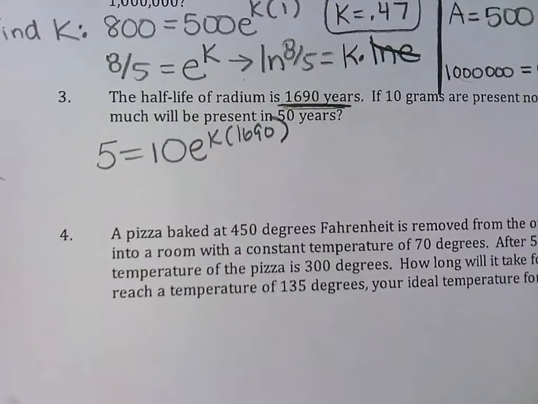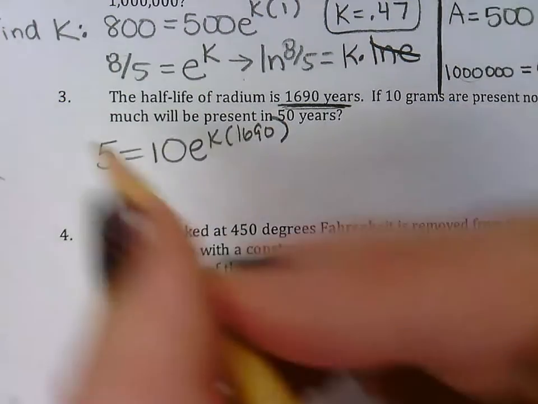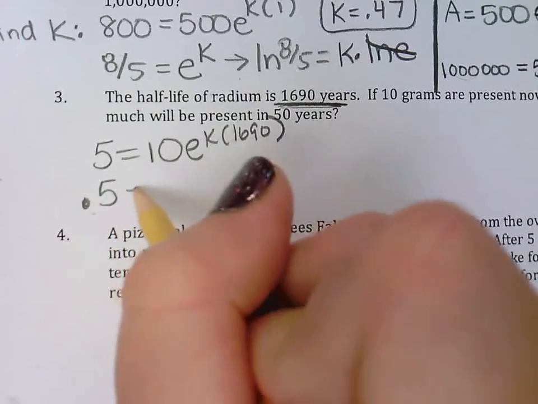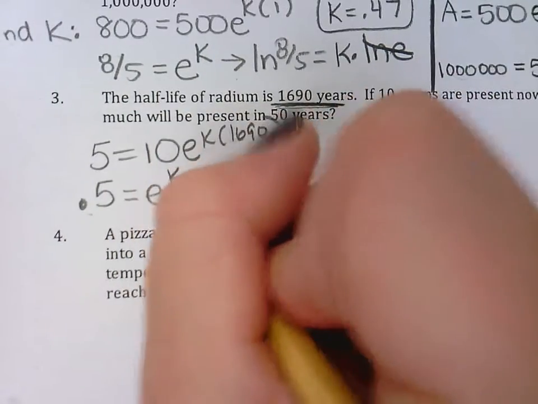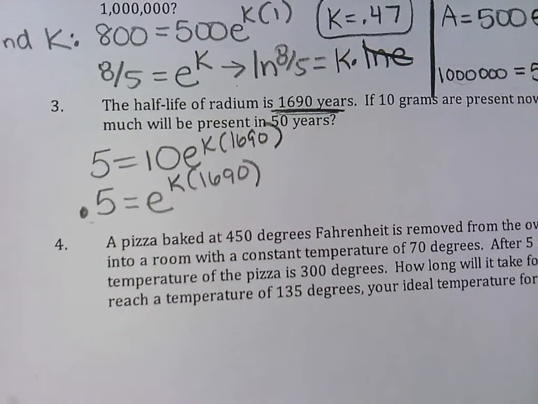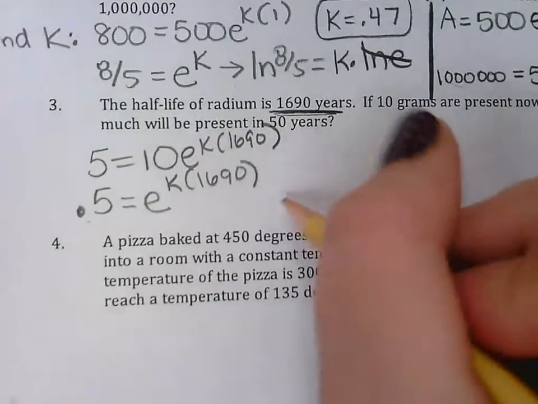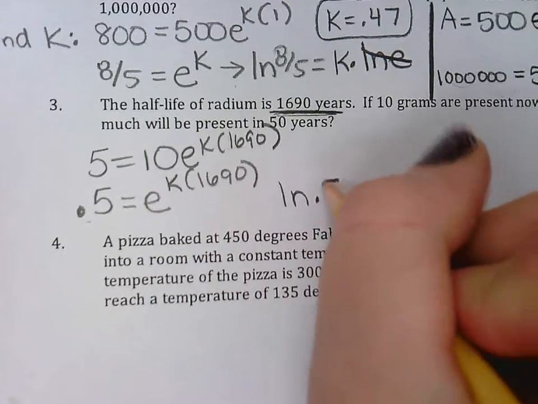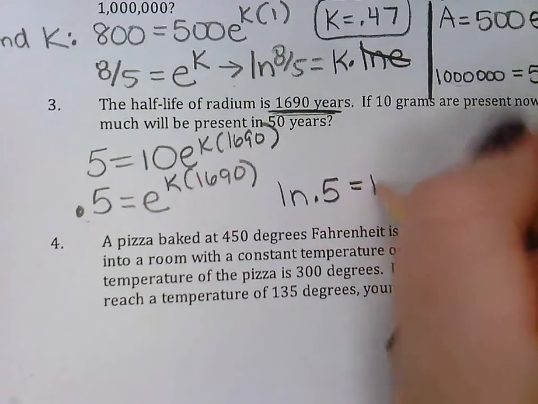So you start by solving for K. K should come out as a really small negative number because it's decay. So 0.5 equals E to the K times 1690. When you take the natural log of both sides, you're going to divide by 1690.